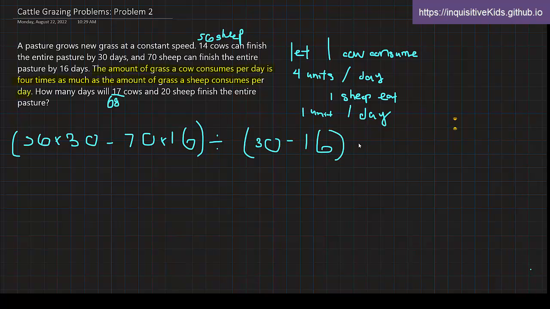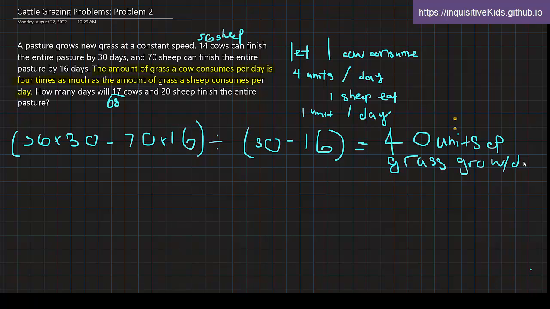And we simplify, we get 40. So in here, 40 units of grass grows per day. Okay, so 40 units of grass grow per day.